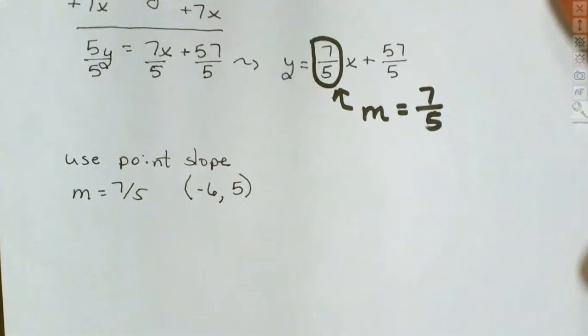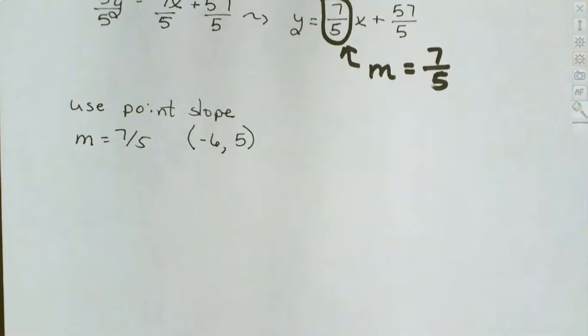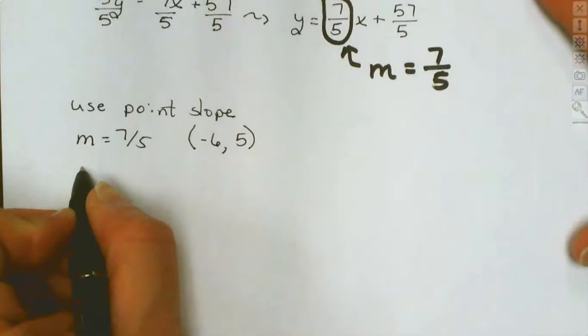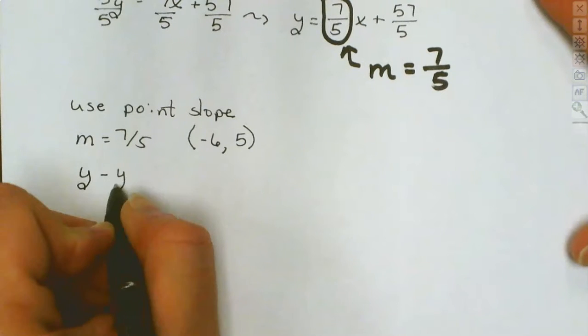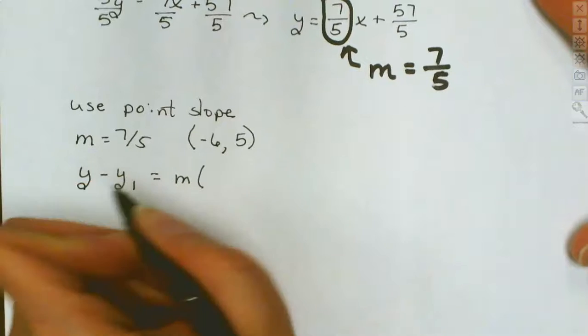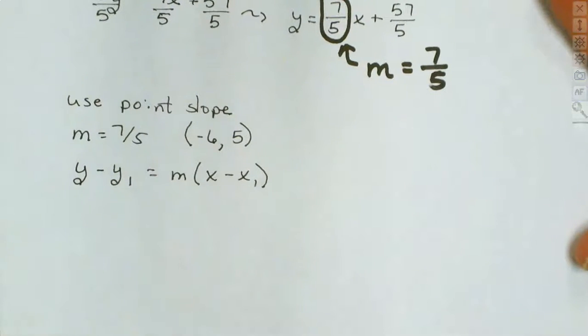So we're going to use that 7/5 with that provided point of minus 6, 5. And what's our point slope formula? Well, it is y minus y1 equals m times x minus x1.